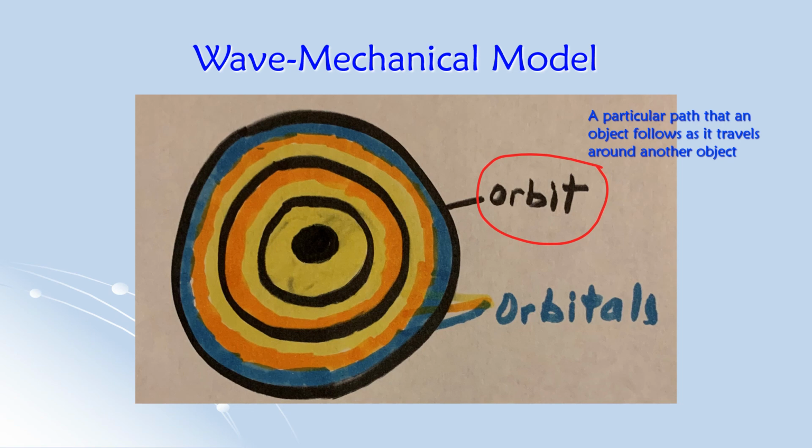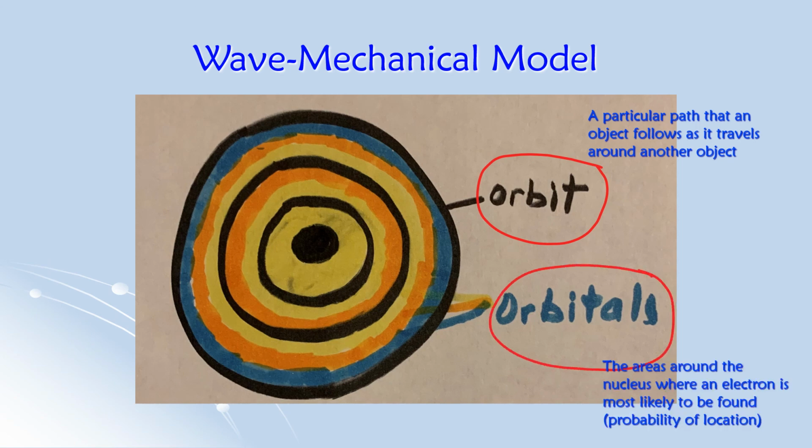If you notice, we have different sets of orbitals within each orbit, because these are the different places in an orbit where an electron can exist. They don't have to exist specifically on those black lines. They can exist anywhere between these black lines within these orbitals. And when we define the orbital, we just say that orbitals are the places where an electron has the most chance to be found.